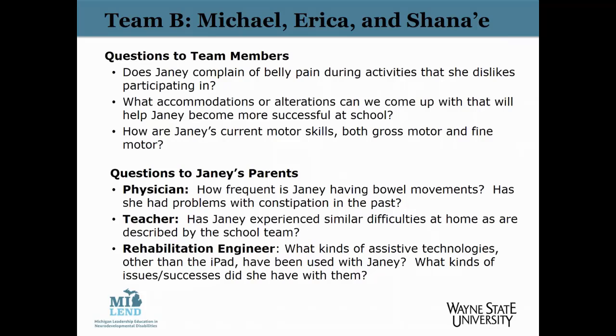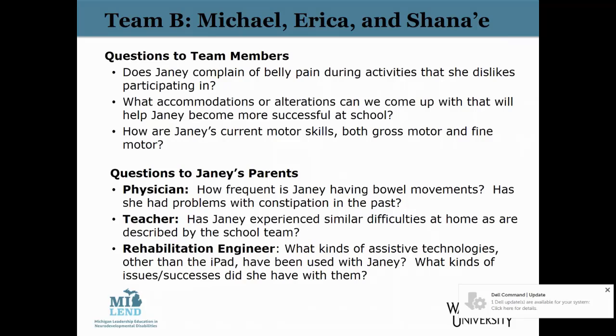Perfect. I had no idea prior to this what this was, but my question to Janie's parents was what kind of assistive technologies they have used with Janie in the past other than what she's currently using, which is an iPad? And what kinds of issues or successes did she have with those?